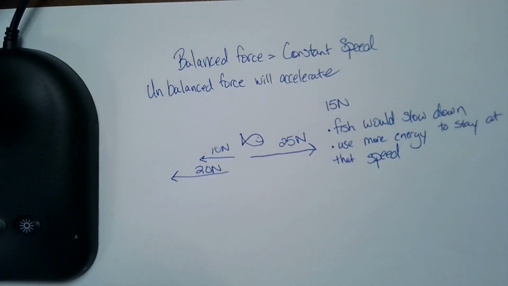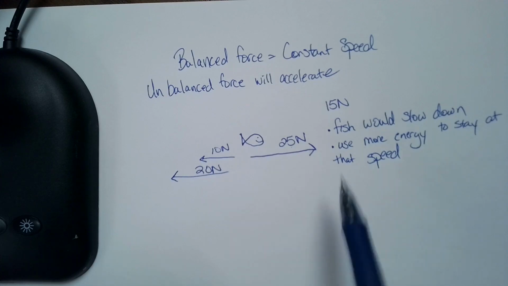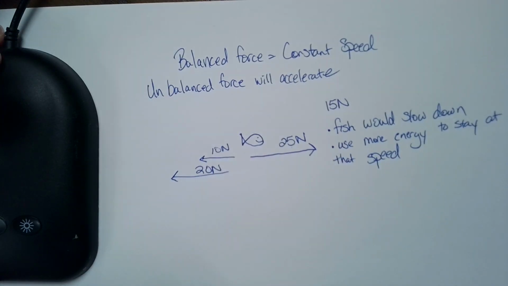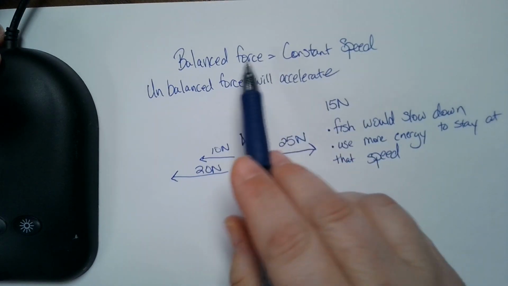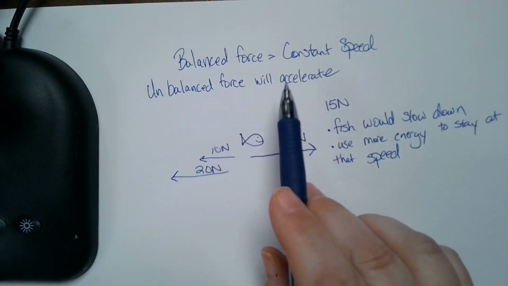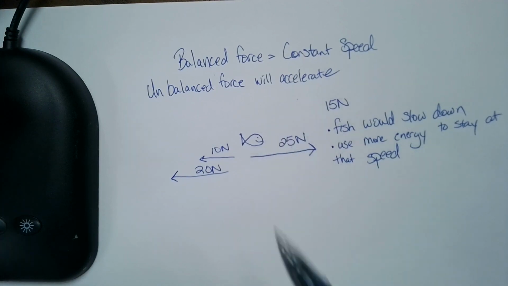So when you have a question like this, you just need to look through all the different options they give you to figure out what is going to happen if you increase something or you decrease something. And you can remember that balanced forces are constant speed. Unbalanced forces will accelerate. Now that may be a negative acceleration or a positive acceleration. We don't know.